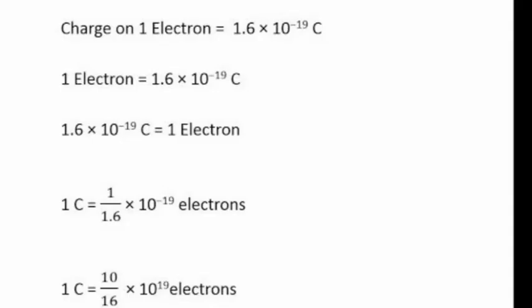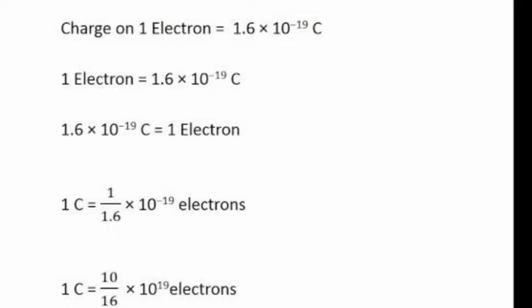Then, in order to obtain 1 coulomb of charge, how many electrons are required? Or if you have collected a number of electrons, how many electrons are required to obtain 1 coulomb of charge? One electron means 1.6 into 10 raised to minus 19 coulomb.